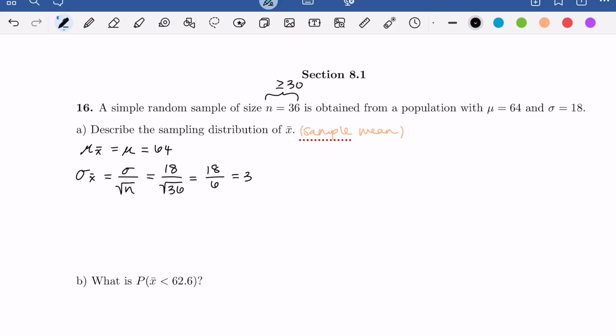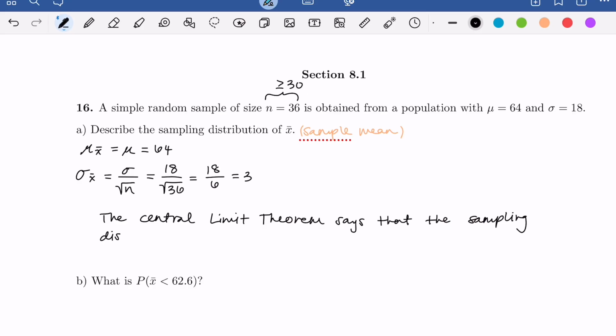So in this case, we can use the central limit theorem, which says the sampling distribution of our sample mean is approximately normal. All right, so that is the description of our sampling distribution of the sample mean.